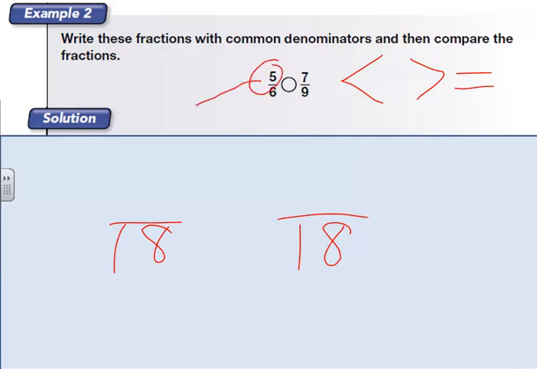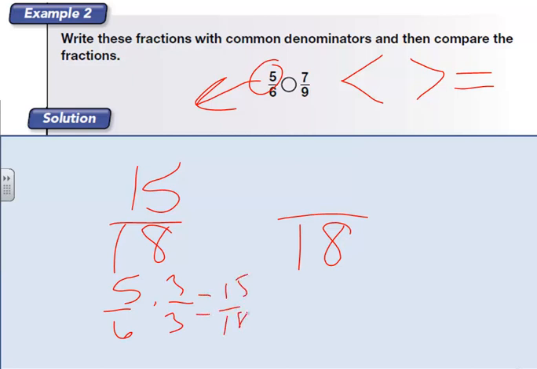So we take our 5 and we multiply it by 3 and we get 15/18. Because what we've done is we've taken 5/6 and multiplied it by 3 over 3 and we get 15/18. Here we're going to multiply this by 2 over 2 because we know 9 times 2 equals 18, and we get 14/18.